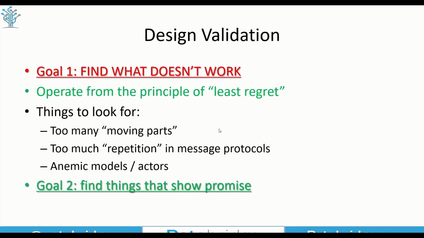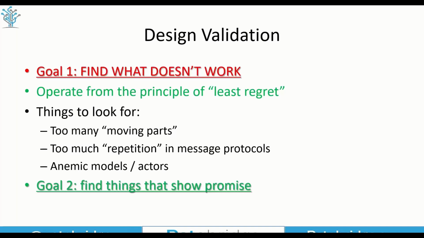The other thing we want to look for, goal number 2, is to find things that show promise. One of the things we did really well in the design of SDK-Bin's new billing system is one of the requirements we wanted to add for the future: being able to provision types of products that aren't just NuGet feeds. We want to be able to provision things like support plans or API keys and that sort of stuff.